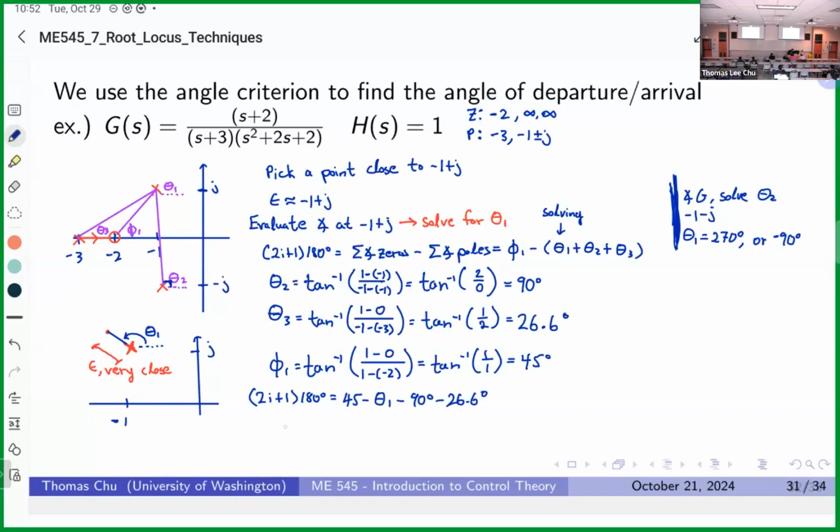Another way of thinking about it is that theta 1 is equal to, to be thorough, 2i plus 1 multiplied by 180 degrees minus 71.6 degrees.